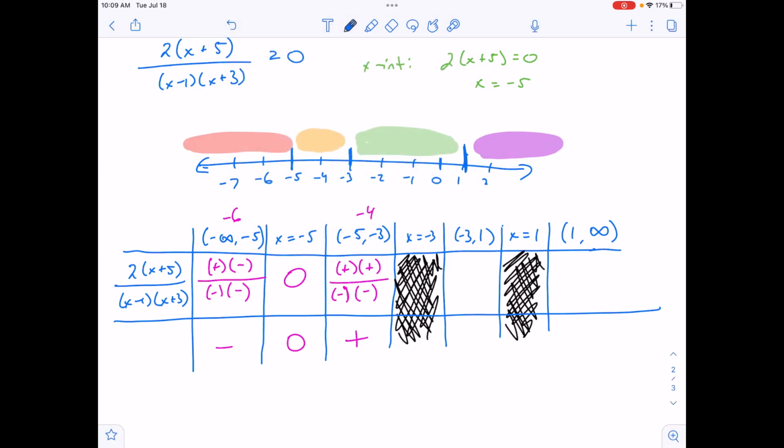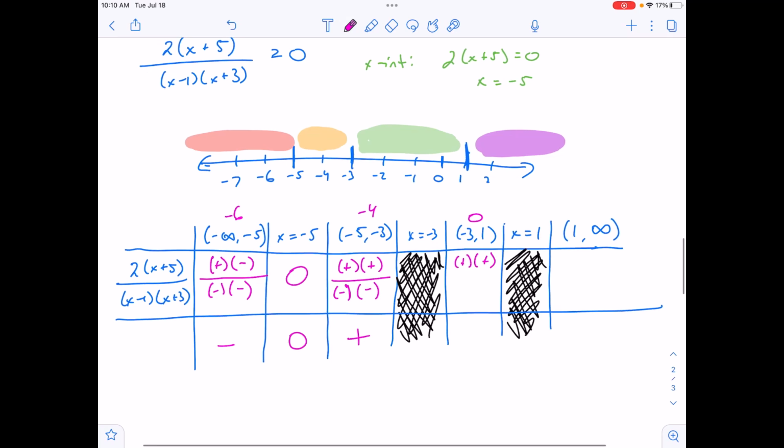Okay, on the interval between -3 and 1, I'm going to test 0 because it's nice and easy. 2 is always positive. 0 plus 5 is positive. 0 minus 1 is negative. 0 plus 3 is positive. Overall, my function is negative.